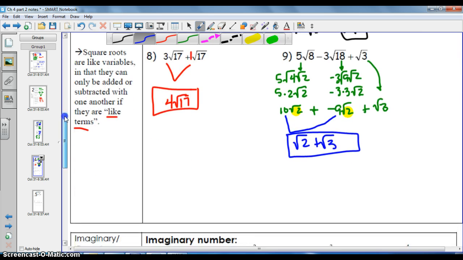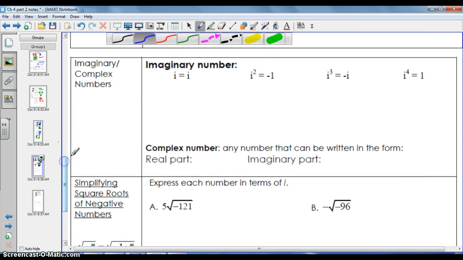So keeping those rules in mind when we come to these imaginary numbers. So what is an imaginary number? An imaginary number, we get this i, and the way we get the i is it's a square root of a negative number. The square root of negative 1 is i. And a lot of times we see it with a little curl there versus straight up and down. So if I were to take i and square it, it's like we are squaring the square root of negative 1, which ultimately just gets rid of that square root and we end up with negative 1.